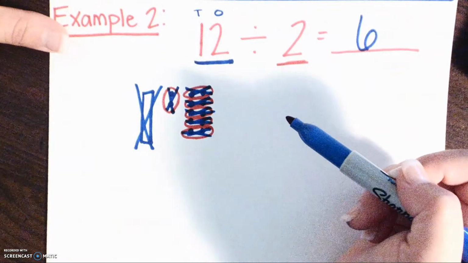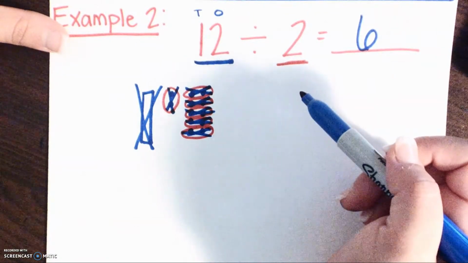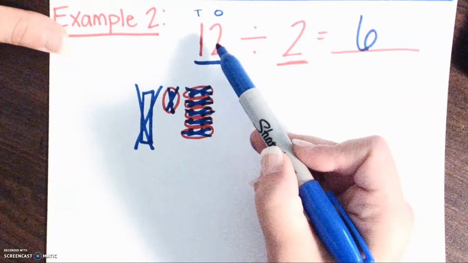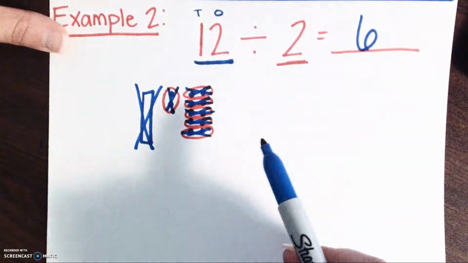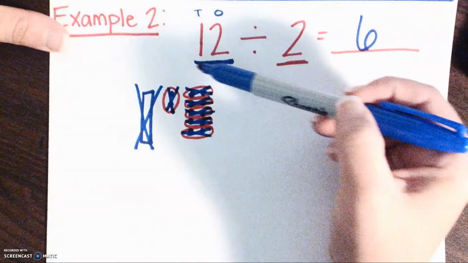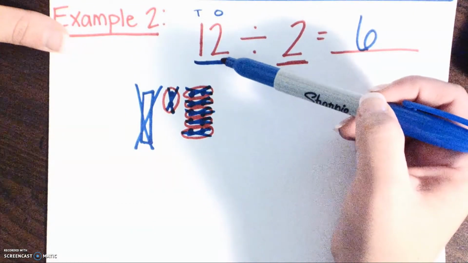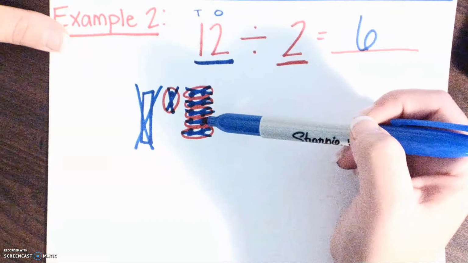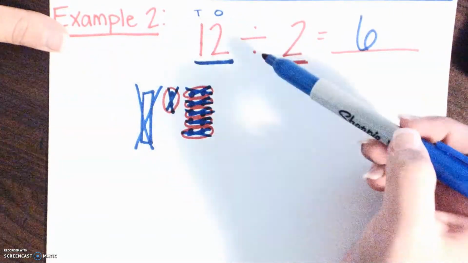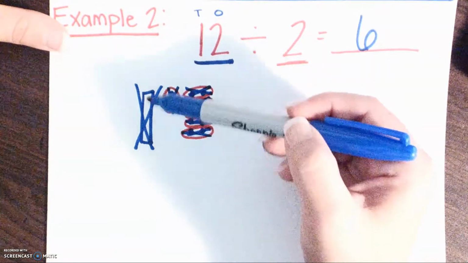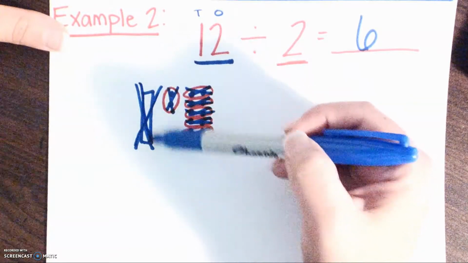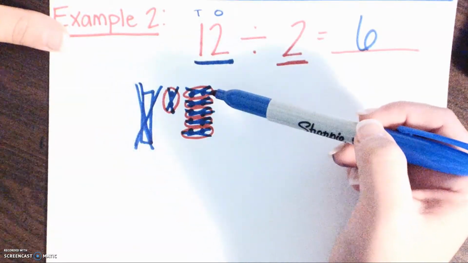All right, guys? So to run back through this one more time, our problem was 12 divided by 2 using base 10s. I took my dividend, my whole number, my bigger valued number, and I made it into base 10 form. Well, I realized I'm dividing by 2, but I couldn't do that using a 10s rod, so I had to switch out my 10s rod for all 1s.